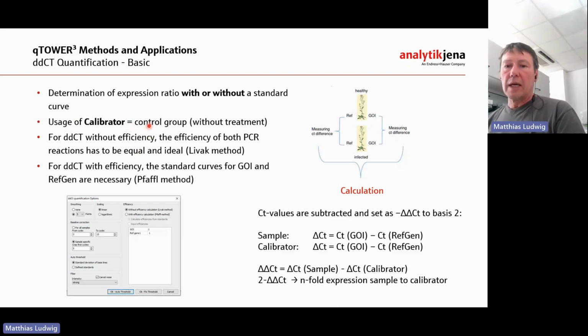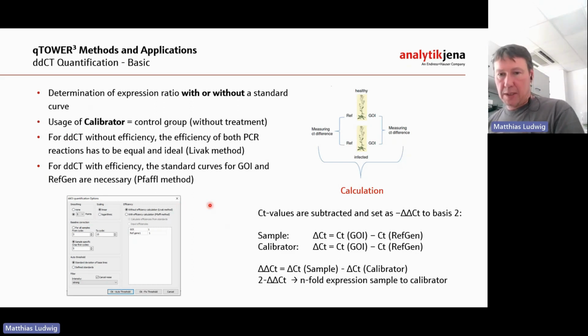There are also two different methods available and published. This is, for example, the Livak method. This is without the PCR efficiency, so you do not need a calibration curve or a standard curve.